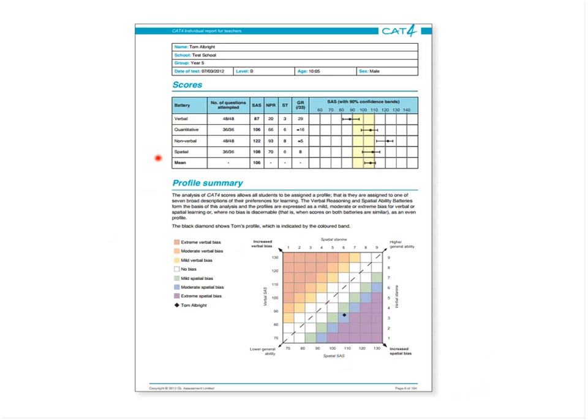This also shows where Tom is on the scattergram, spatial versus verbal standardised age score. So he's obviously much more over on the spatial bias.